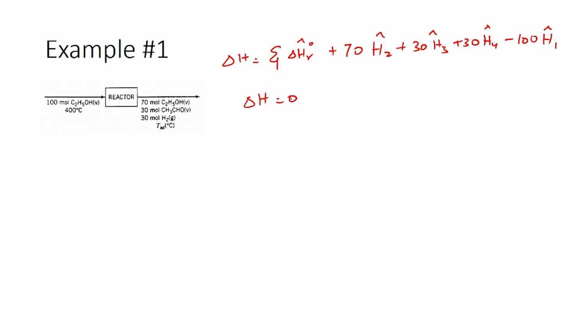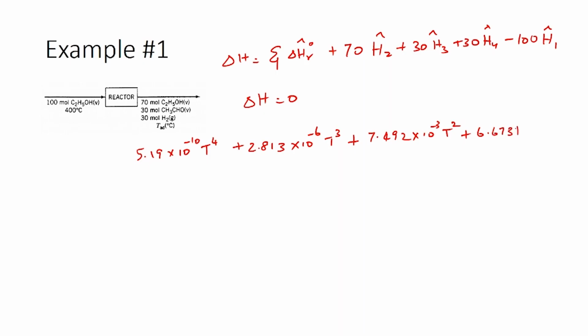So, what you end up with is a polynomial equation: 5.19 times 10 power minus 10 T power 4 plus 2.813 times 10 power minus 6 T cube plus 7.492 times 10 power minus 3 T squared plus 6.673 times T minus 1477 equals 0. This is the polynomial you would have to solve to get the value for T.